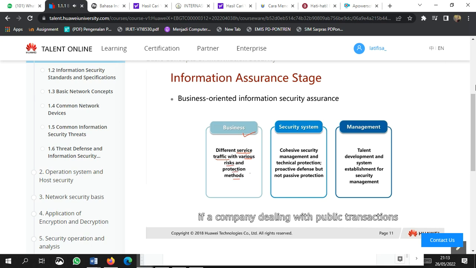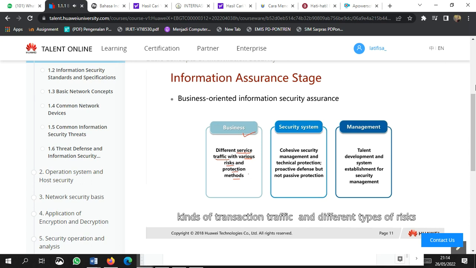For example, if a company is dealing with public transactions, like e-shopping, selling things online, that company needs to be concerned about public security. How do you ensure the payment transaction is secure for your client, as opposed to a company dealing with ordinary business services, like providing printing services and things like that.